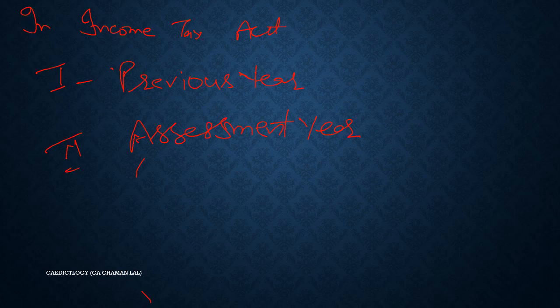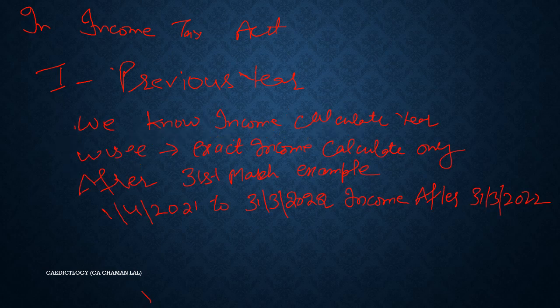Now let's discuss what is meant by previous year and assessment year. We know that income is calculated year wise, so unless the year is closed we cannot calculate exact income. For example, for 1st April 2021 to 31st March 2022, we cannot calculate income in between.